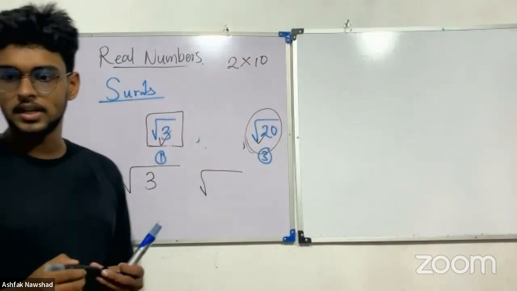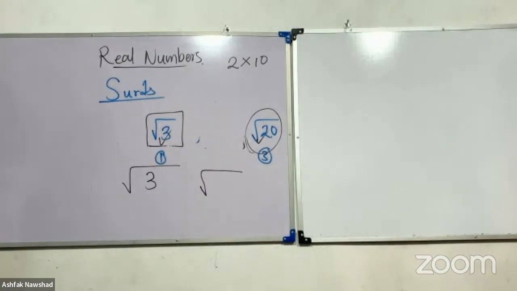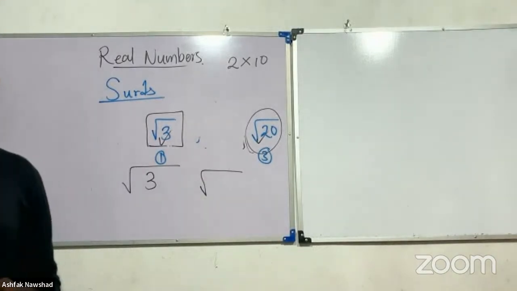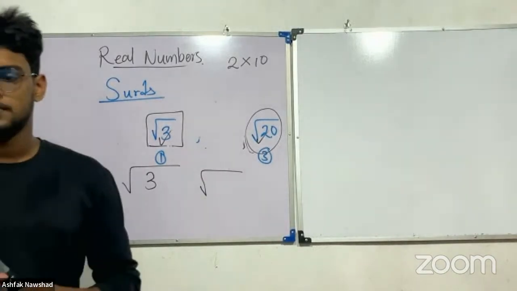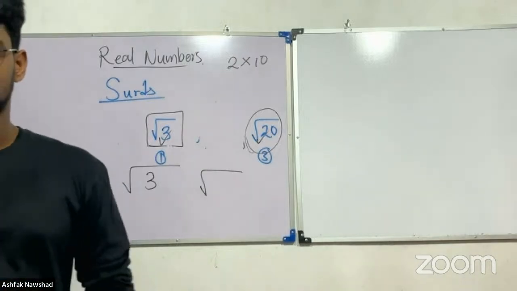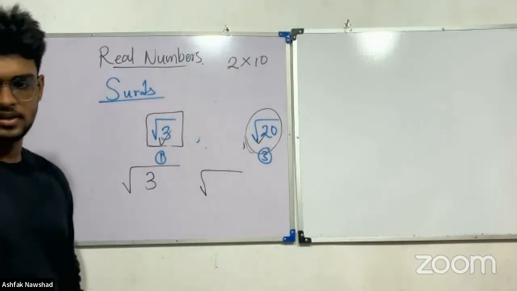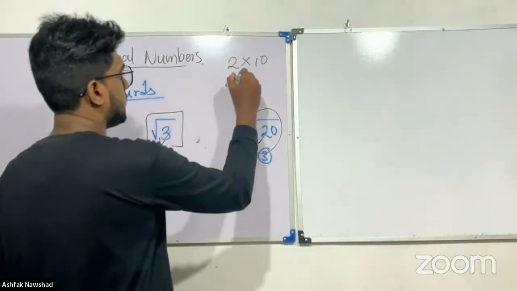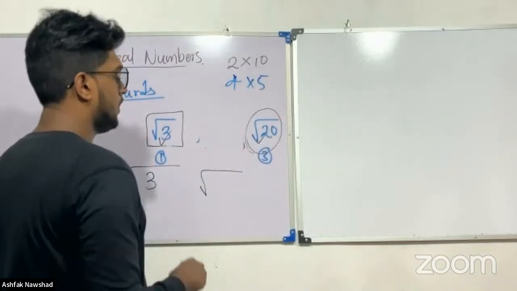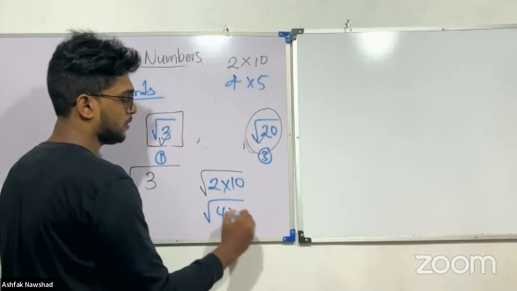How else can we write 20 as factors? Yes, 4 times 5. So I can write 20 as 2 times 10, or else 4 times 5.